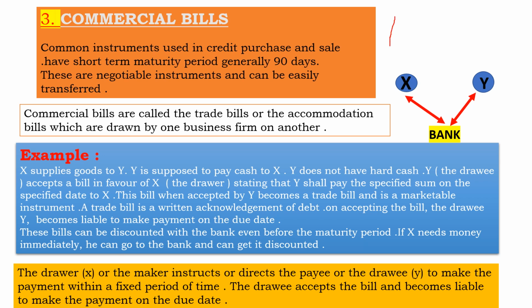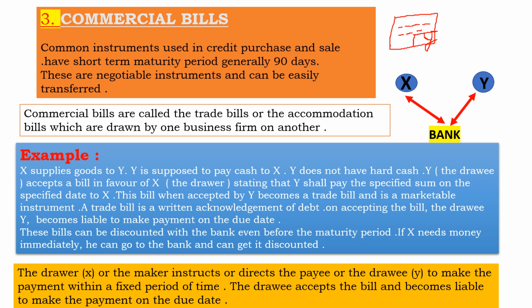It will be this type of paper, which will be signed by Y. Y will be called the drawee. It will be signed by Y and state that I have to pay so and so amount to Mr. X in this much period of time.